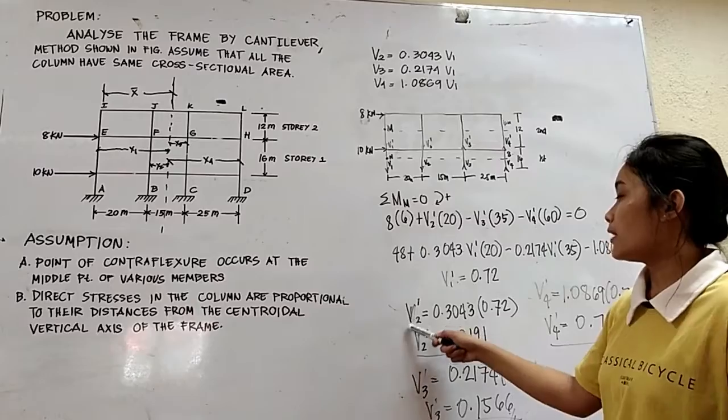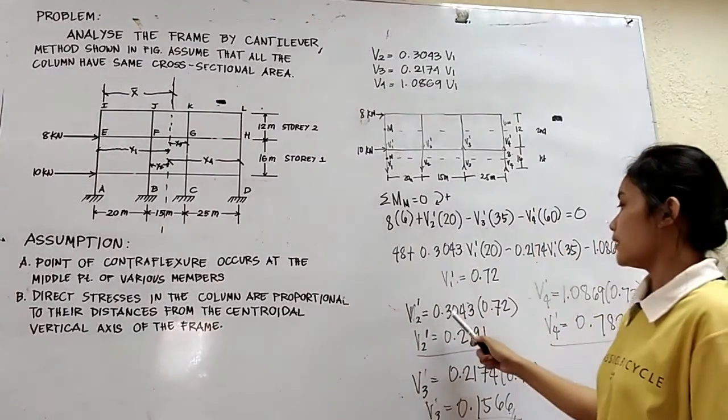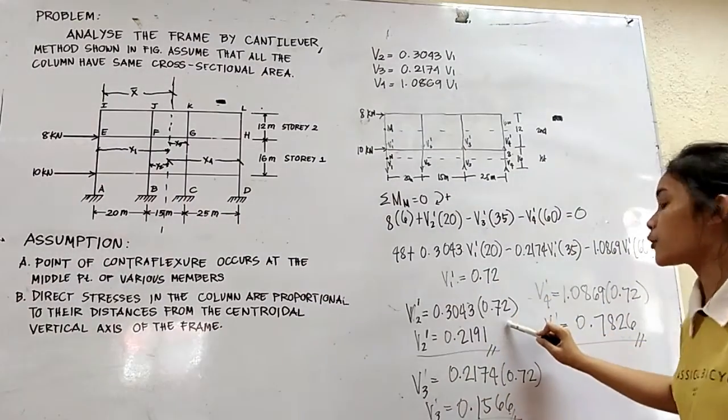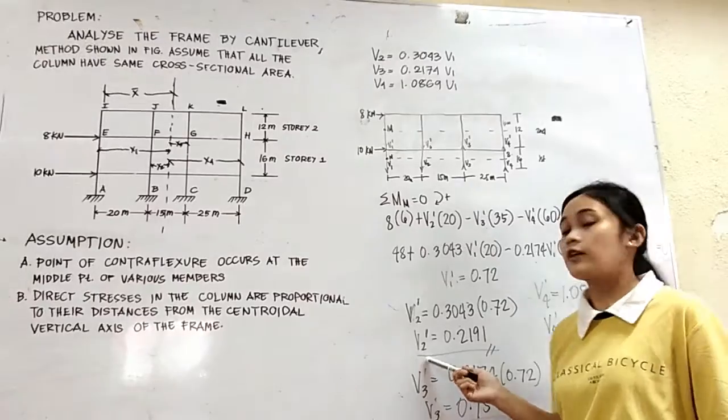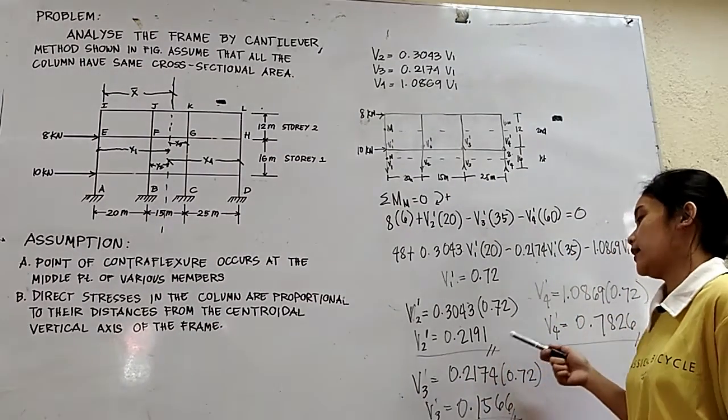So to find V2 prime, the value of V2 is 0.3043 times V1 prime, which is 0.72. The value of our V2 prime will be 0.2191.